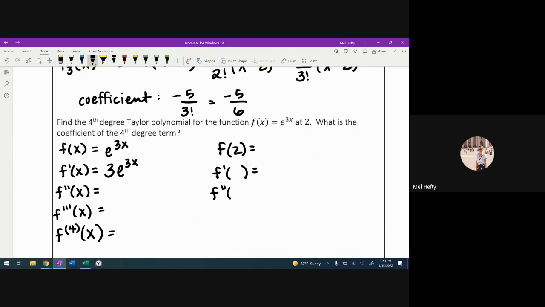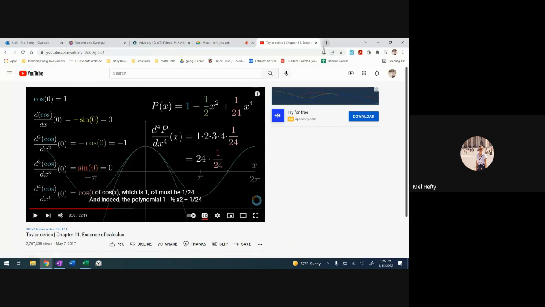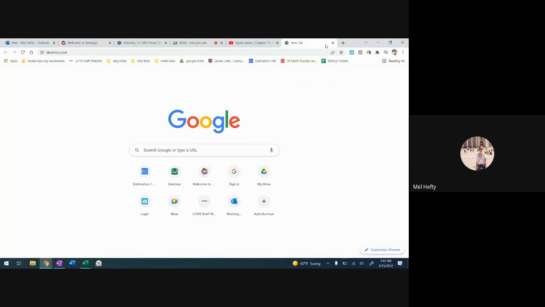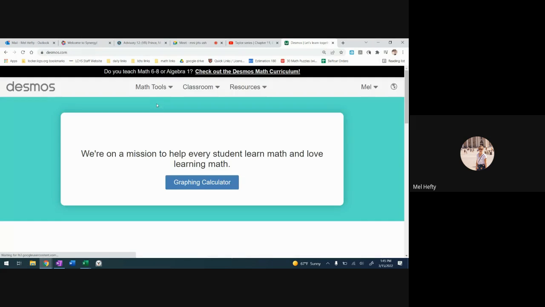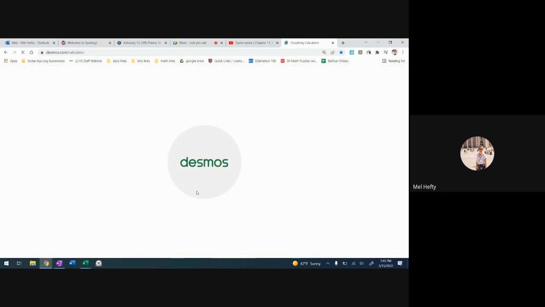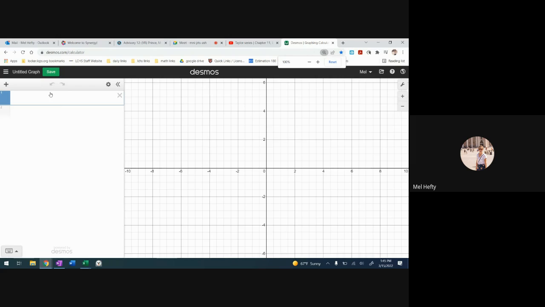So you're going to plug in 2 to all of these. I want you to leave them in terms of e, so you're going to have e's in all of your derivatives and all of the things you're plugging in. I'm going to start a graph up. If you're feeling really fast, feel free to start writing your 4th degree Taylor polynomial. It's going to take me a second because this graph is kind of enormous.